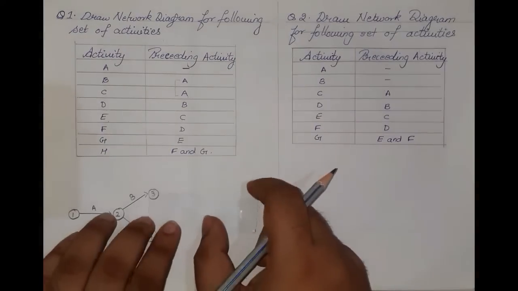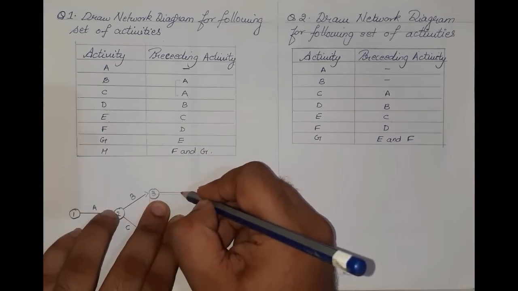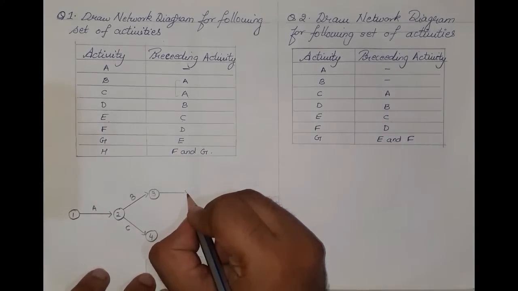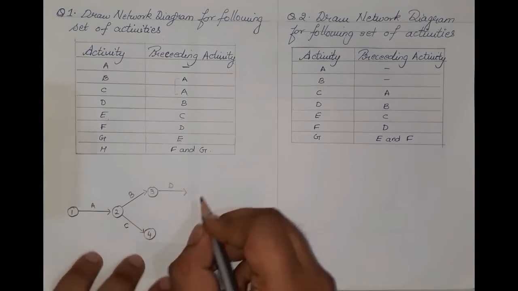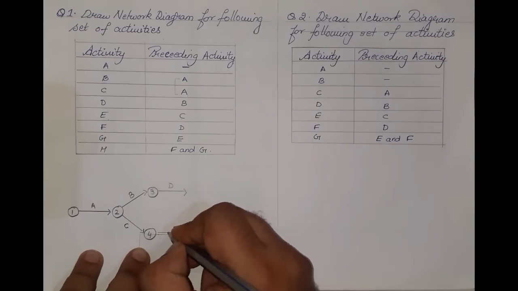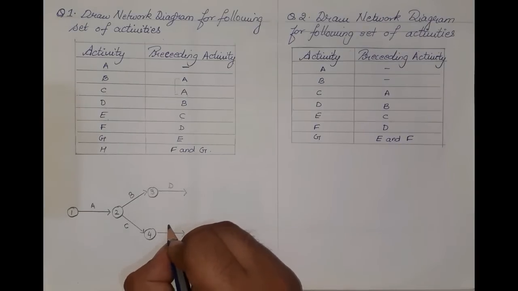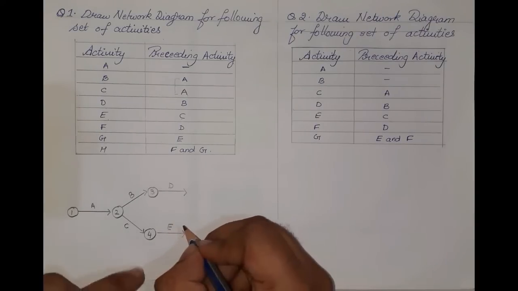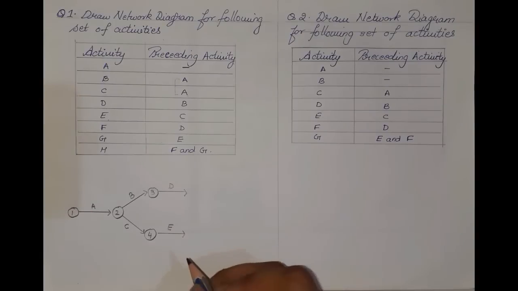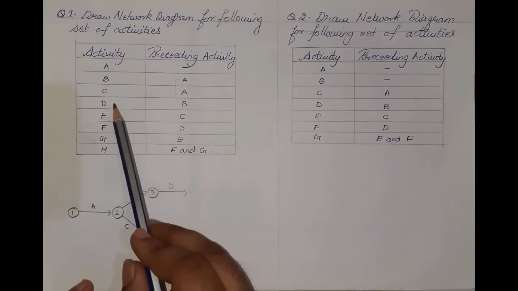From B, we have activity D which is getting evolved, and from the fourth event we have activity E that has evolved.